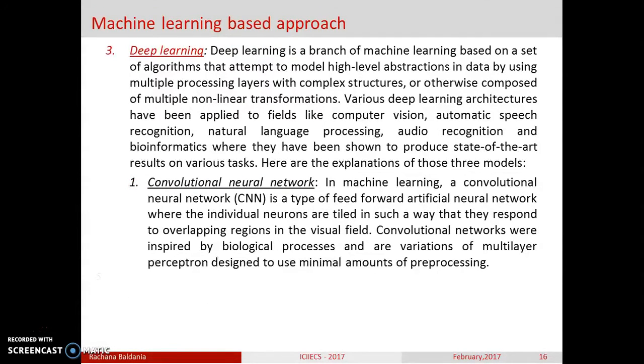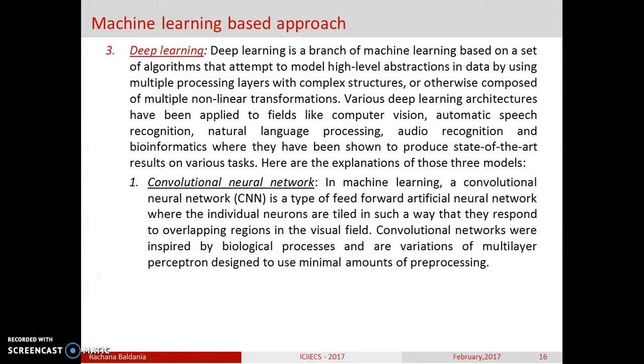It is a branch of machine learning based on a set of algorithms that attempt to model high-level abstraction in data by using multiple processing layers with complex structures or otherwise composed of multiple non-linear transformations.